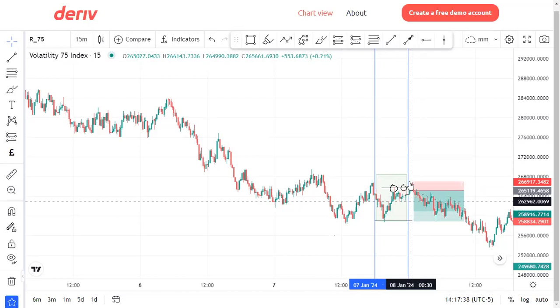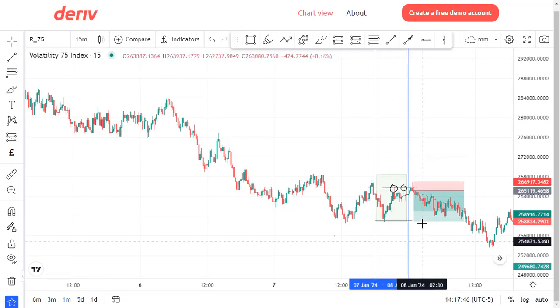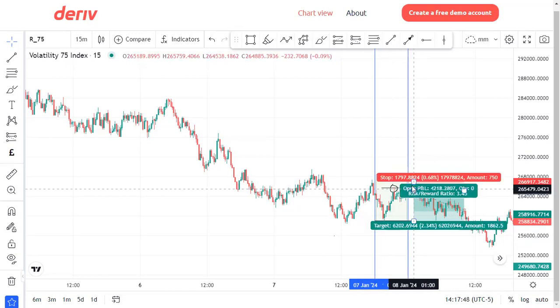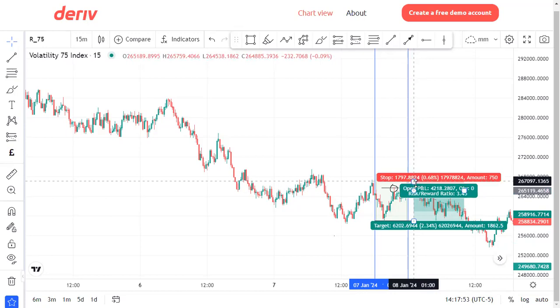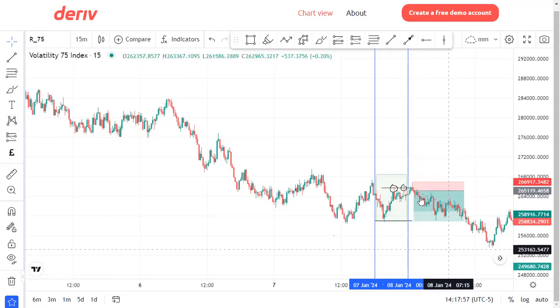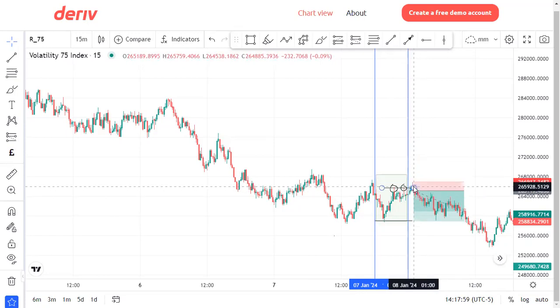When the market opens, it seeks liquidity, takes out a high or it breaks market structure. Then you realize after 2 a.m., in the morning in New York, you get a chance to get a trade here.